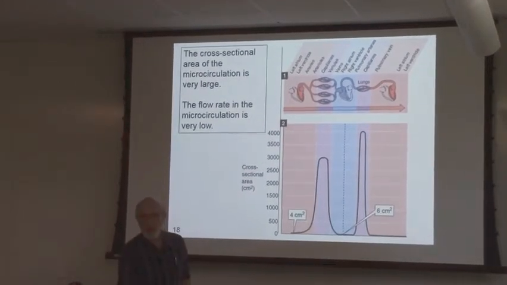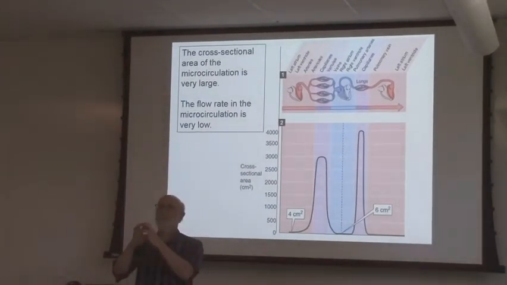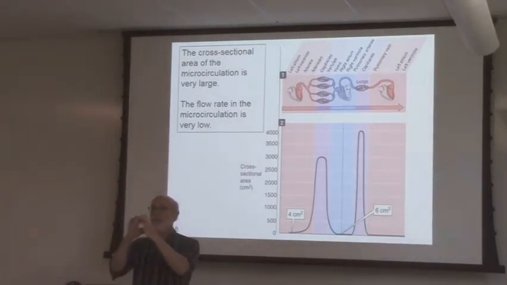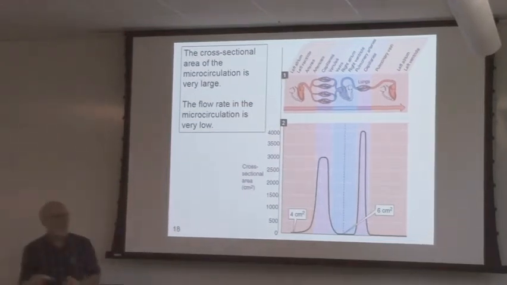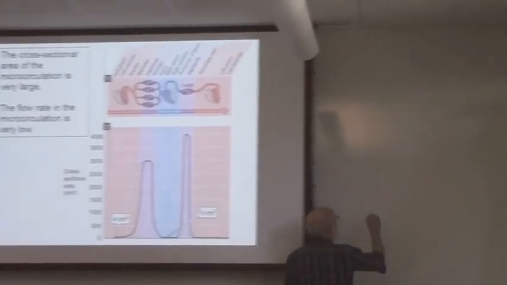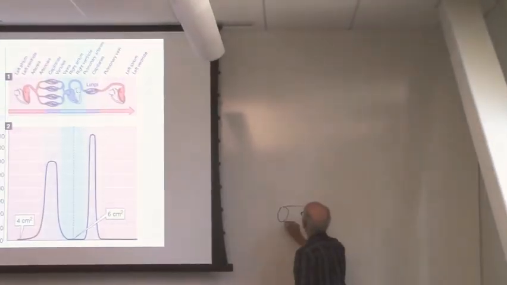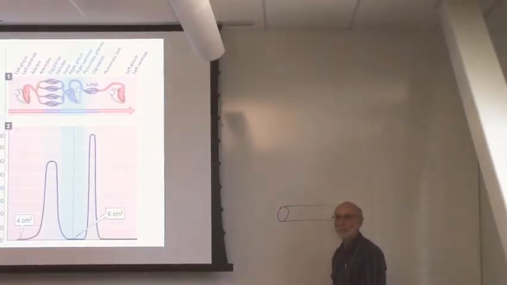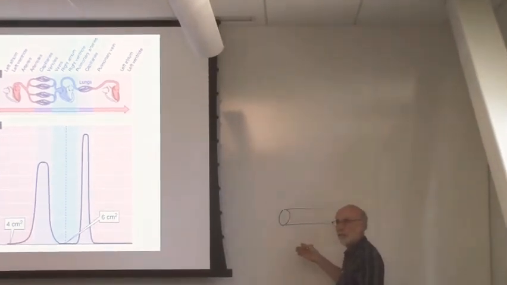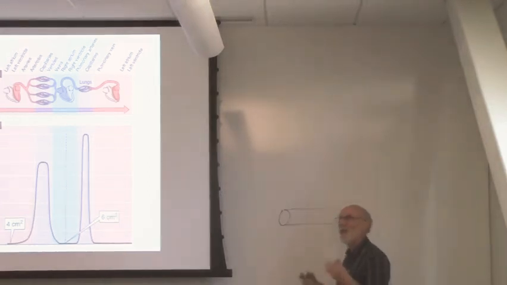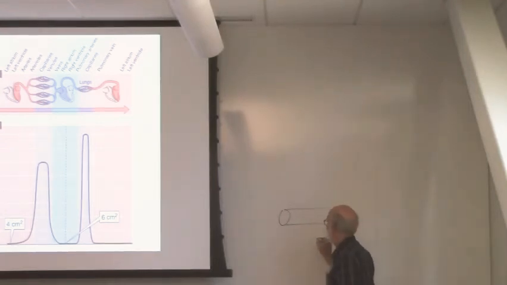And what's the formula for the area of a cylinder, for the cross-sectional area? So here is an artery. In cross-section, what is the name of the thing that this is? This is going back to elementary school. A circle.